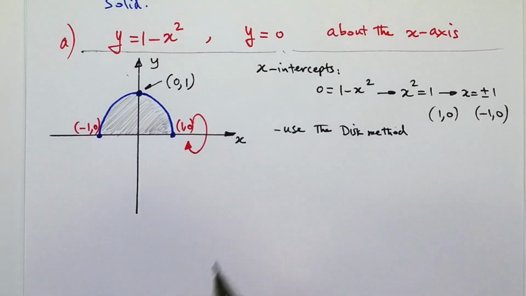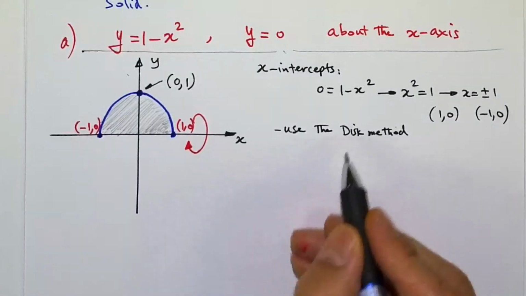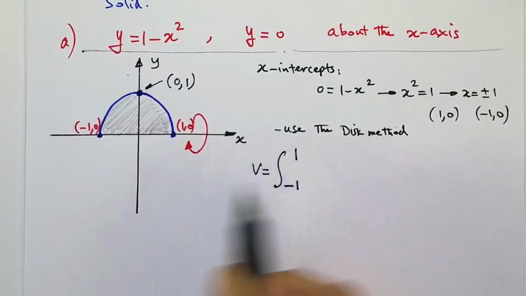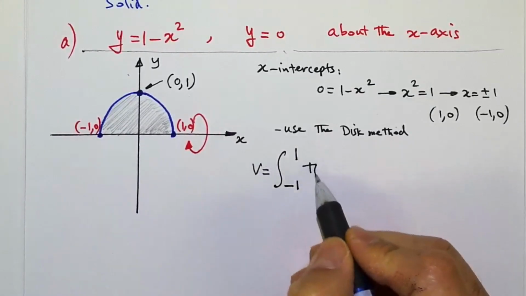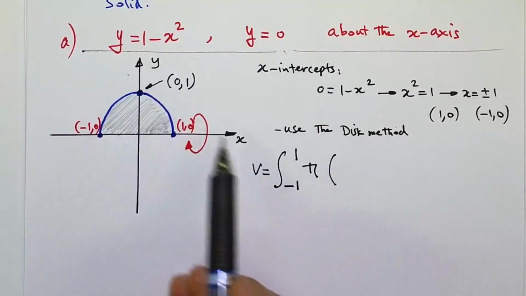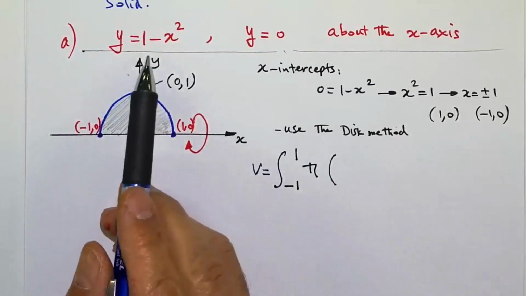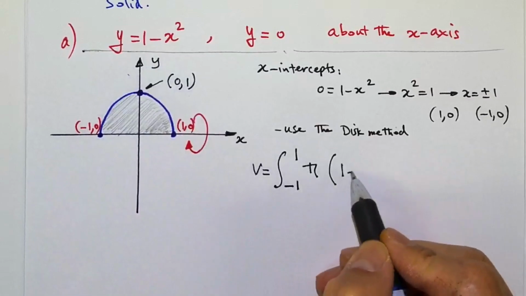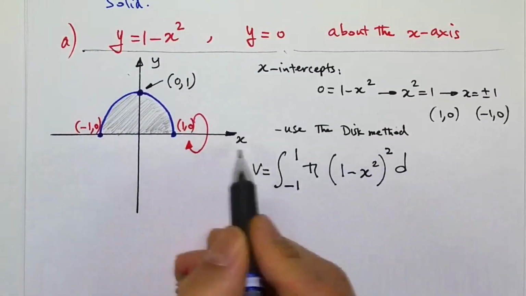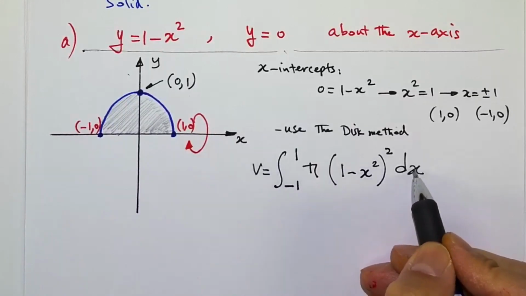All right, so we will set that up using the disk method. We have the volume going from -1 to 1, and pi times the function that generates that, which would be this 1 minus x squared, and we're doing this along the x-axis, so dx.